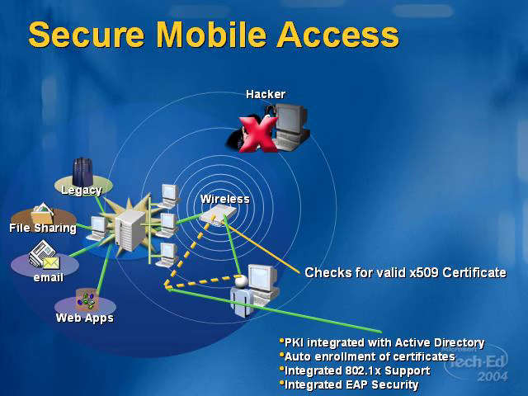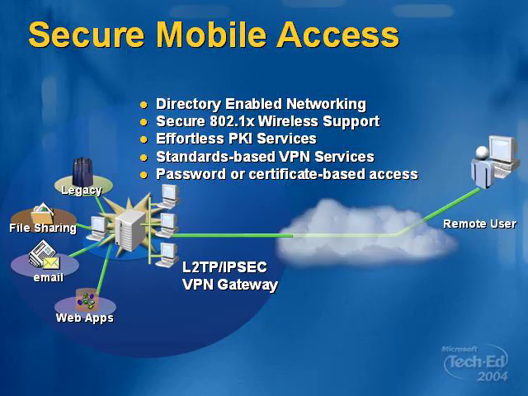While implementing the Windows Server 2003 features, it'll check for a valid X.509 certificate and block that hacker. So essentially, directory-enabled networking, secure wireless support, fairly effortless PKI services, standards-based VPN service, and password or certificate-based access all help secure this mobile access, whether it's wireless or wired.